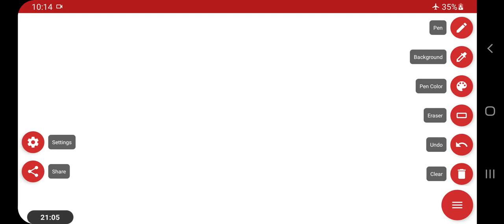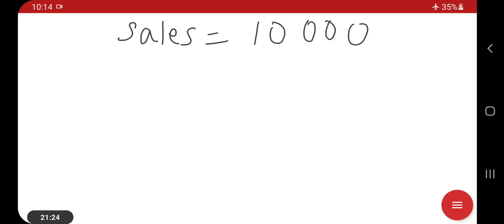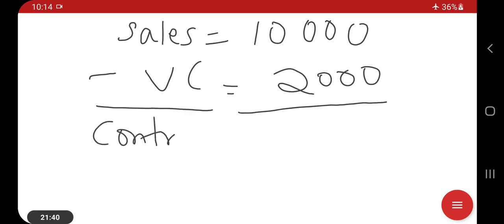Say for example, if a company has sales of 10,000 and variable cost equal to 2000, so sales minus variable cost is equal to contribution.